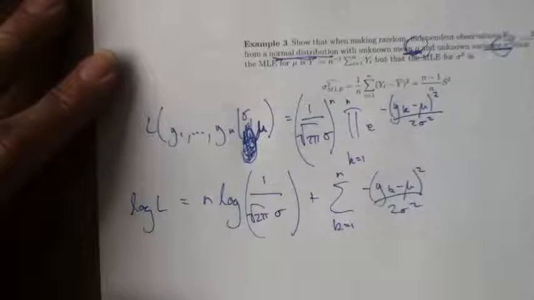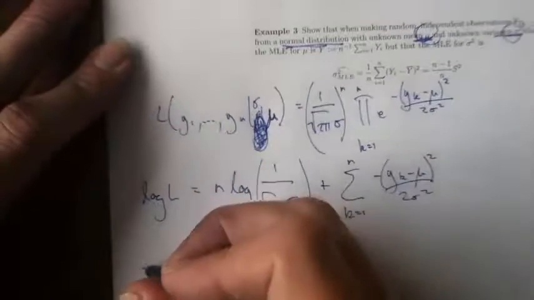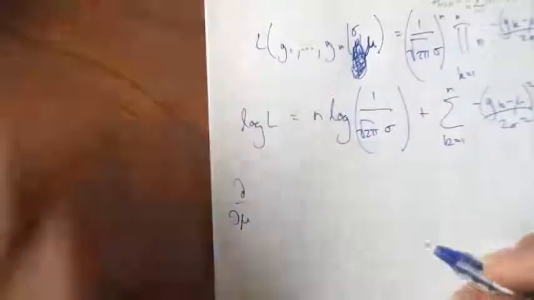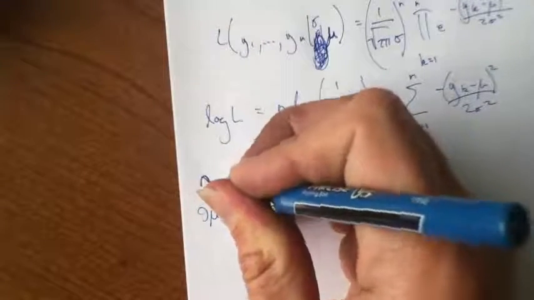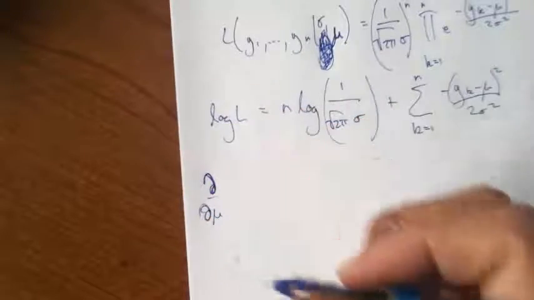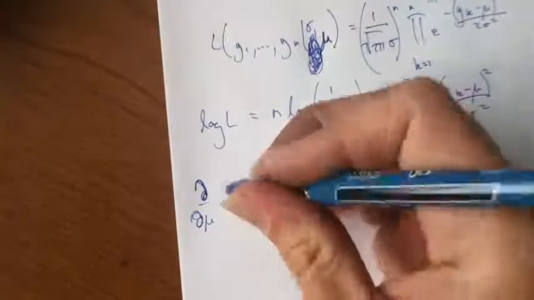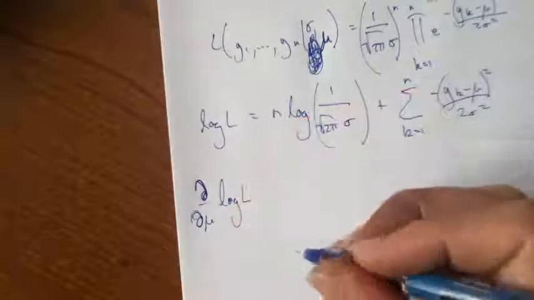And so I'm going to differentiate with respect to mu. I'm going to use the curly d's there because I know that there's another variable I can differentiate with respect to.